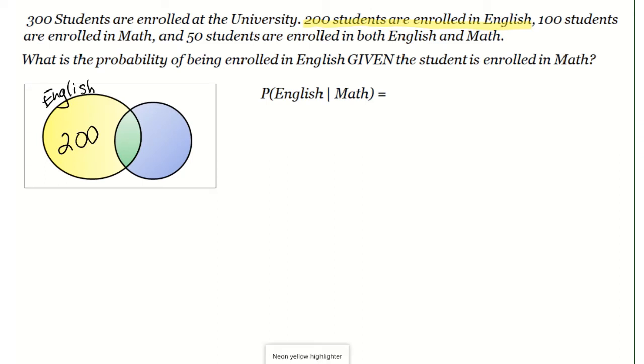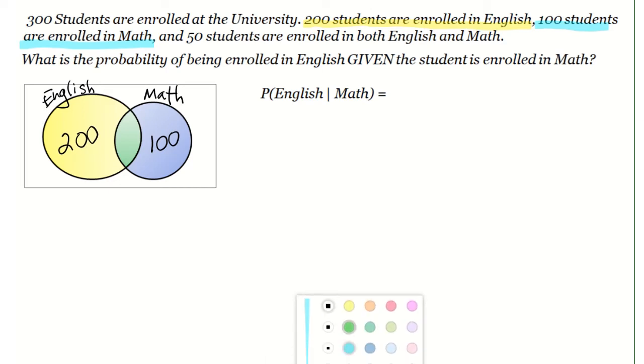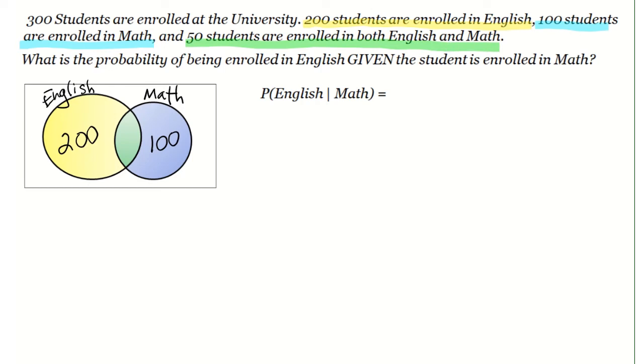Then we have blue, 100 students that are enrolled in math. So we'll put 100 and label the blue circle math. And then we have this green intersection for the students that are enrolled in both math and English. We see that we have 50 students enrolled in both English and math, so that's going to be 50.